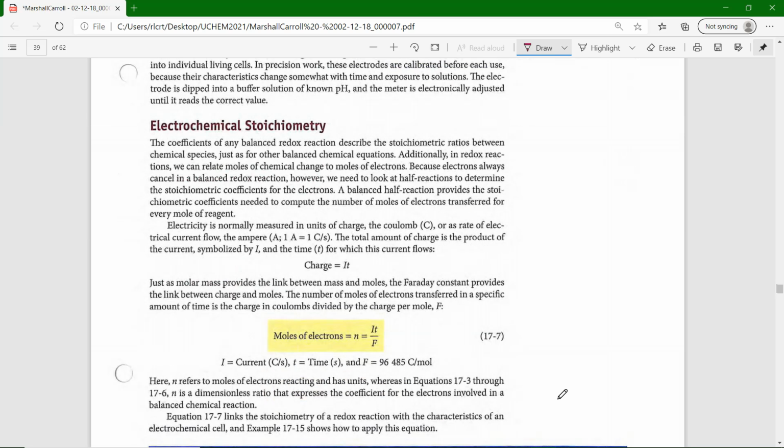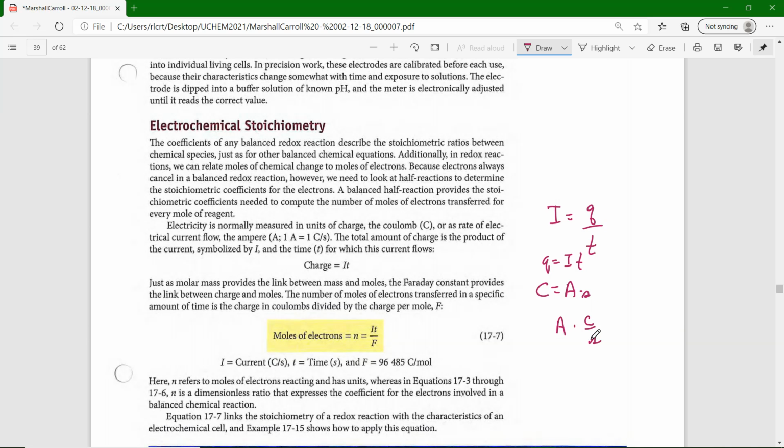Okay, let's talk a bit about electrochemical stoichiometry. You can relate moles to charge and Faraday's constant to chemical change in terms of electrons. So does current. So we know from physics that current is charge over time. In physics, we write Q over T, where Q stands for charge, not for heat. So Q equals IT, which means coulombs is amperes times seconds, right?